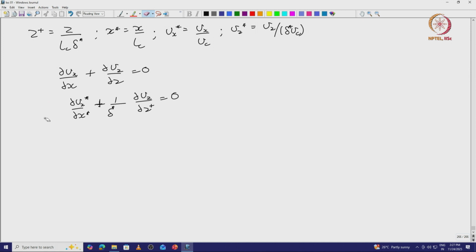Therefore, the velocity scale perpendicular to the surface is delta times Vc, which is much smaller than the velocity scale along the streamwise direction.